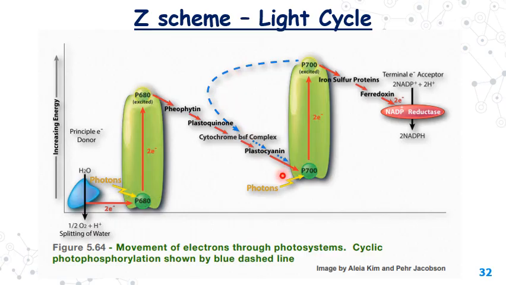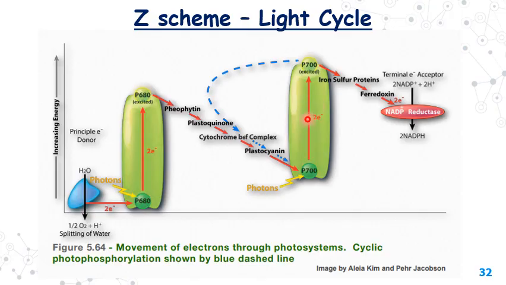Okay. So what is going to happen here is that when you don't have a lot of light available, you can get this photosystem 1, sorry, photosystem 2 is over here, photosystem 1 to keep on making ATP and keep on exciting electrons.